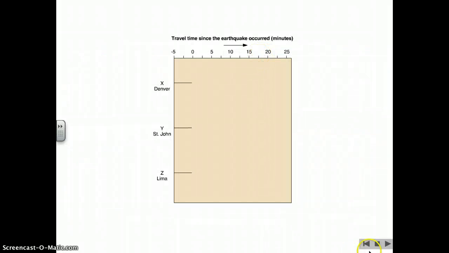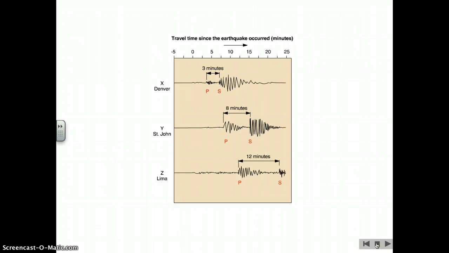There's a time difference between them. If we look at an earthquake like this, one that happens in Denver, St. John's, and Lima, the time difference between them changes as you get further away from the earthquake. They get more spread out. We're going to use this time to help us find where that earthquake happened.